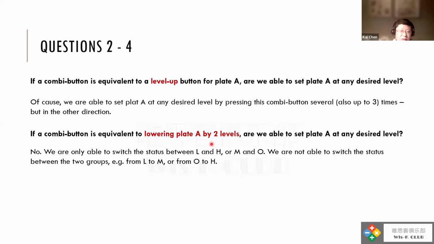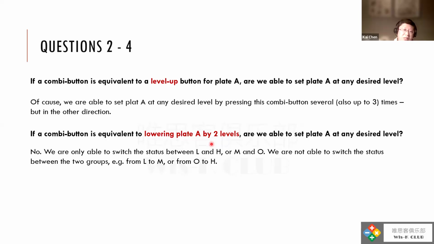For instance, if we have 0, 1, 2, and 3, I really like the translation by Estelle. We can translate the 0, 1, 2, 3. But if we only change the level by 2, meaning that we can only explore either odd numbers or even numbers.